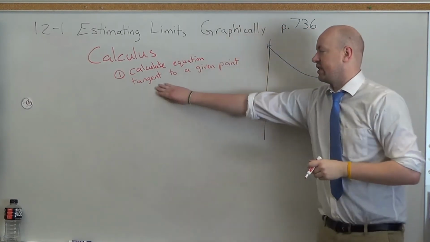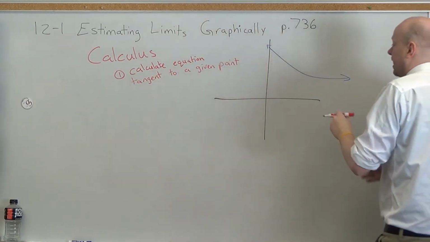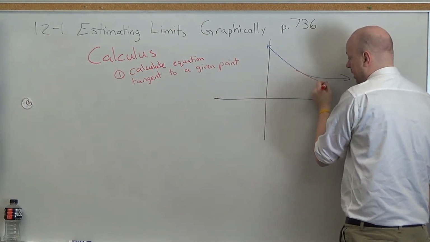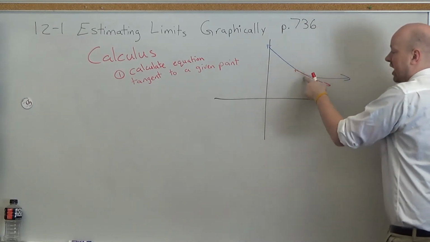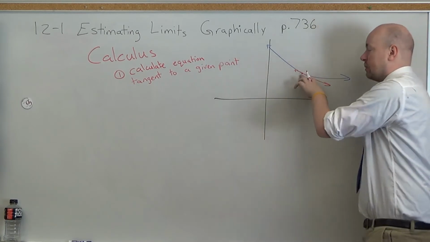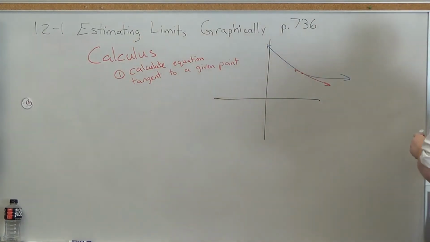Now, not tangent as in SOHCAHTOA tangent, tangent as in it hits the graph at such an angle that I would only touch it at one very specific point, and I would also be perpendicular to that equation. That's what I mean by tangent to a given point.